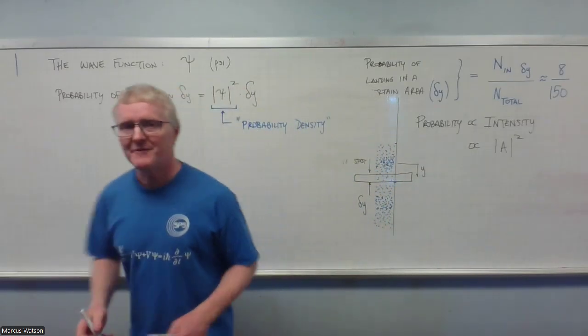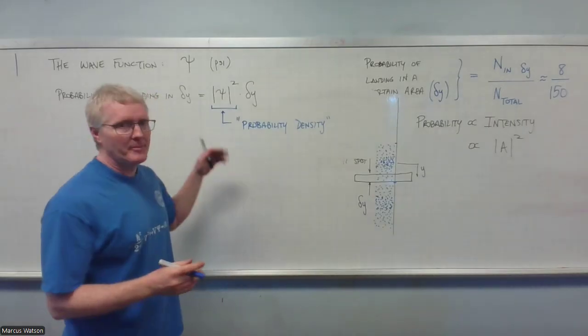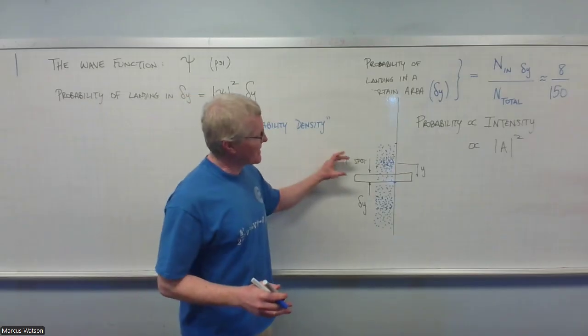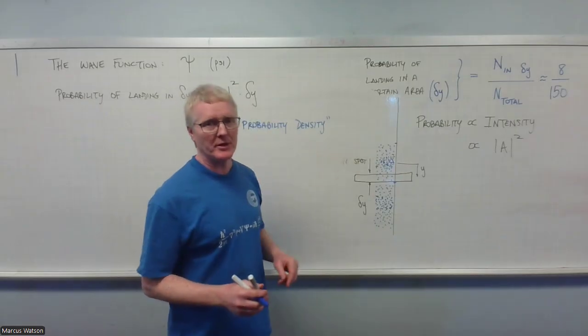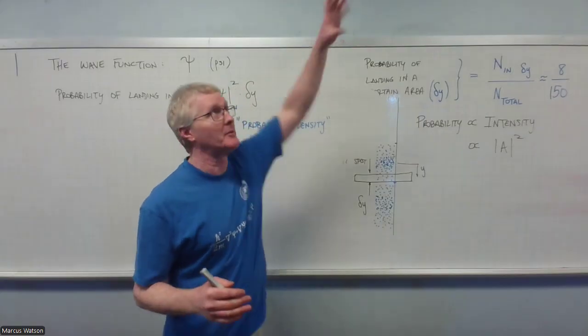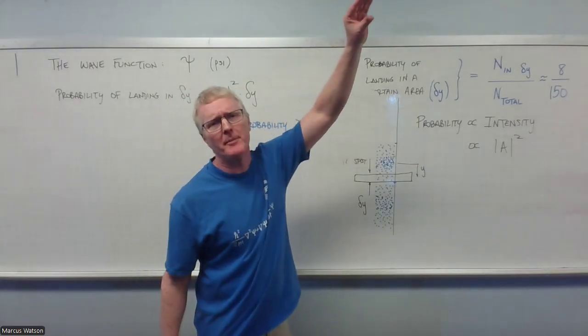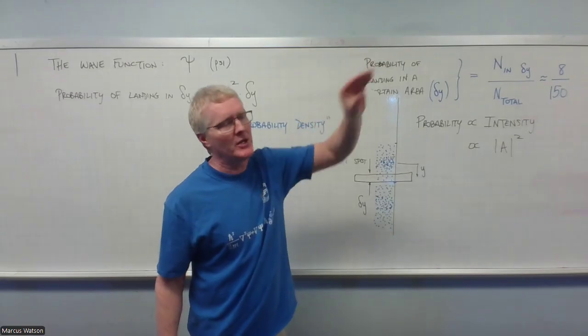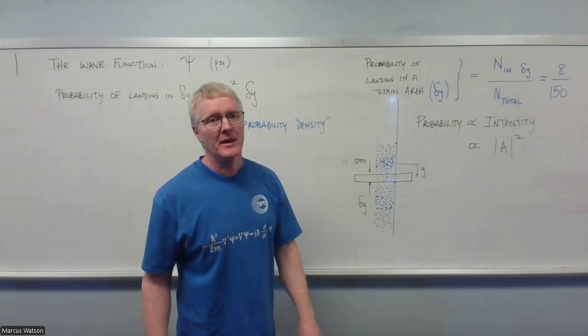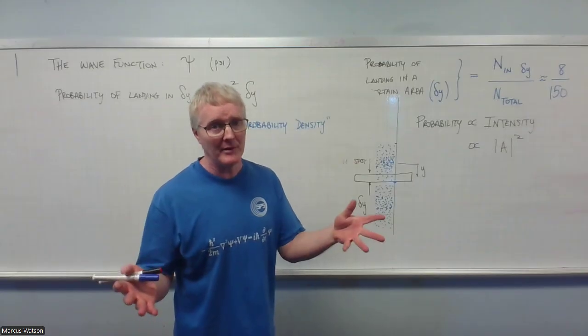In other words, if I add the probability of delta y, well, hold on, let me backtrack. If I say, okay, I'm shooting the one electron through here, and I just did one electron, and it went through the two slits, and I'm looking with my detector, what's the probability of finding it anywhere? I know I will find it somewhere.